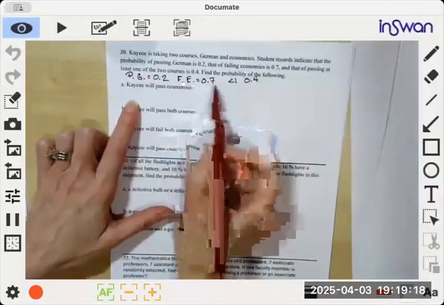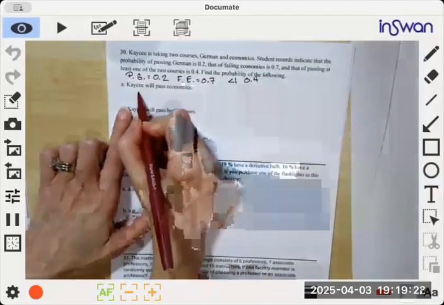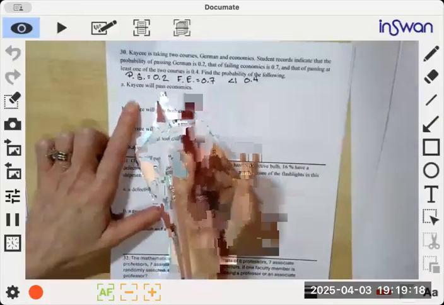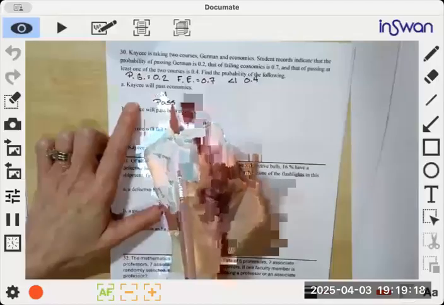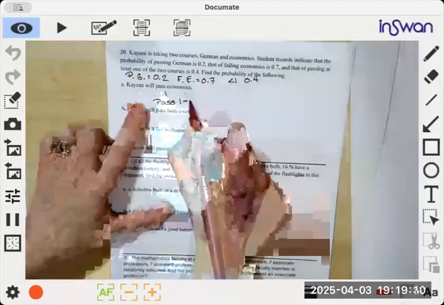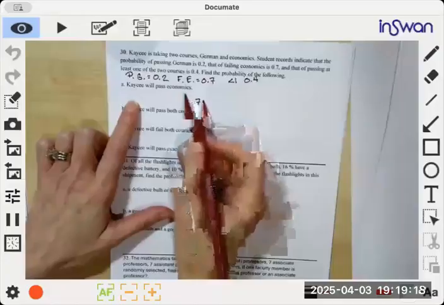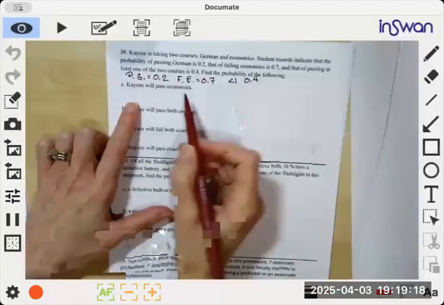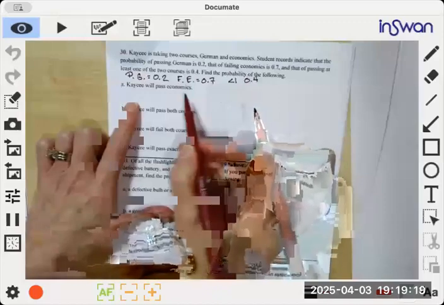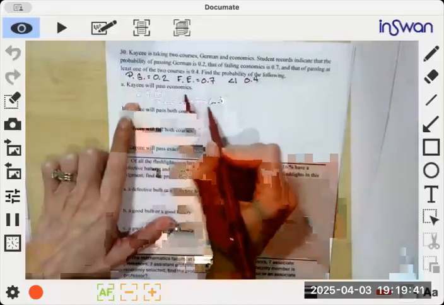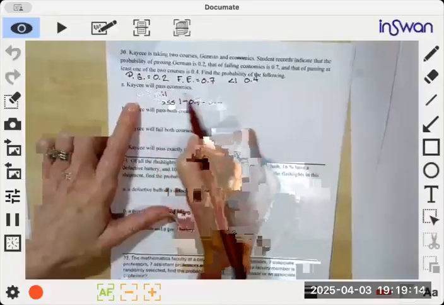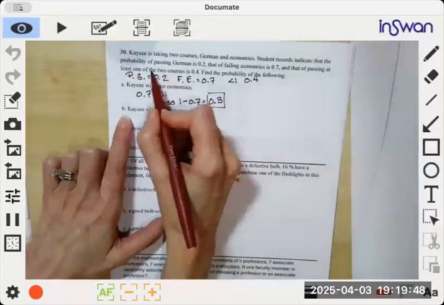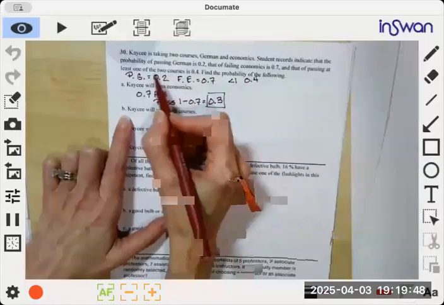So we know if failing econ is 0.7, to pass, it would be 1 minus 0.7 or 0.3. Okay, so now we know passing econ is 0.3. We know passing German is 0.2.